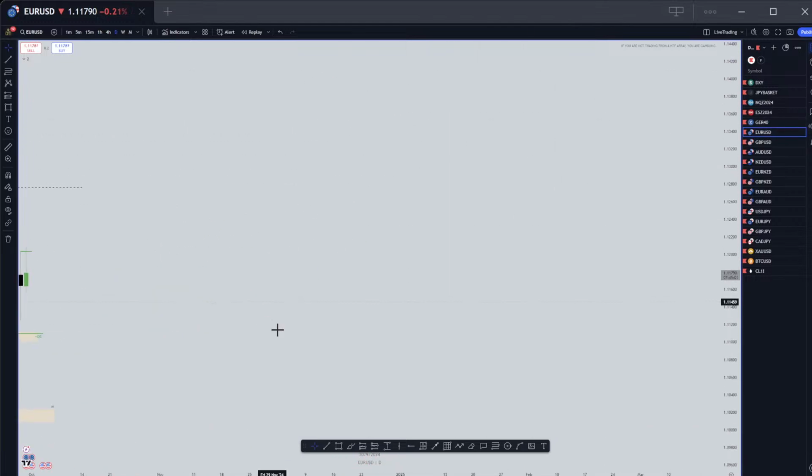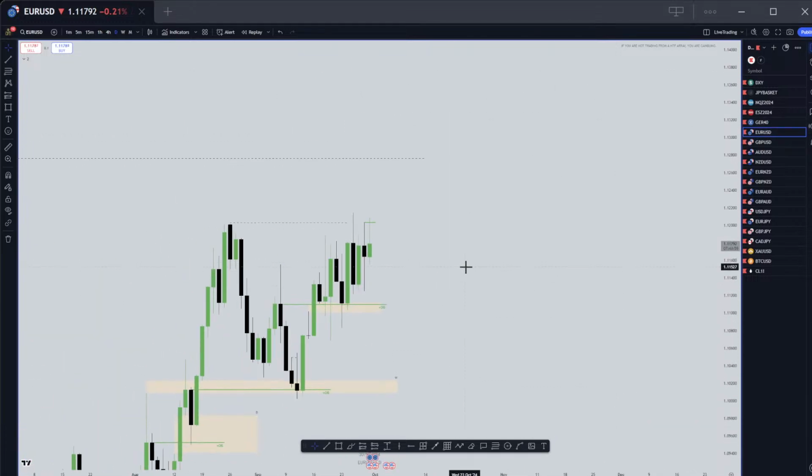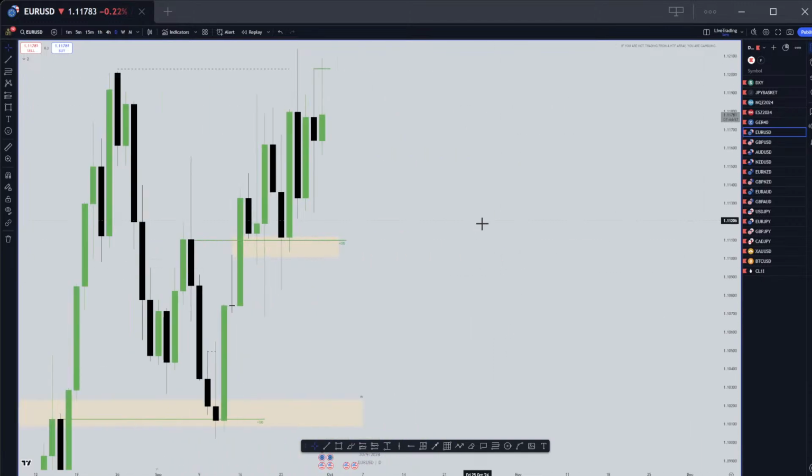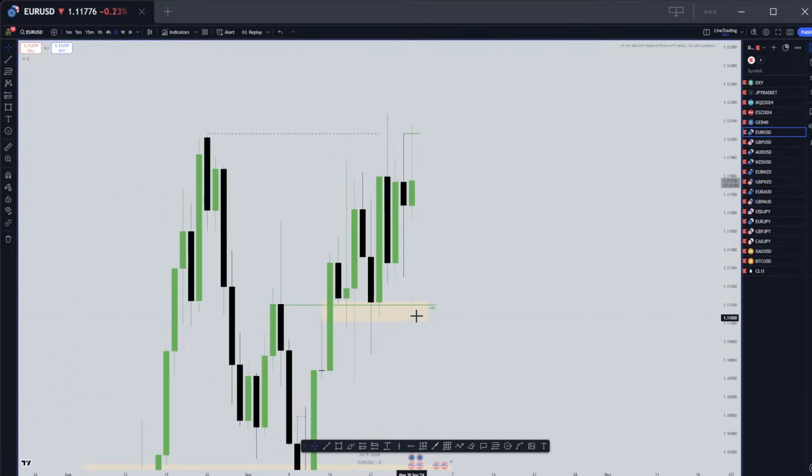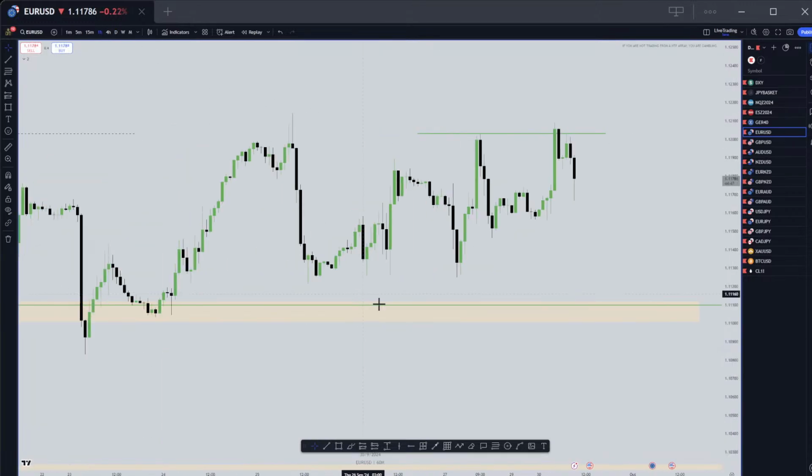So let's keep on the example of Euro US dollar. This was a daily fair value gap. Then I like to use a 1 hour market maker buy model.